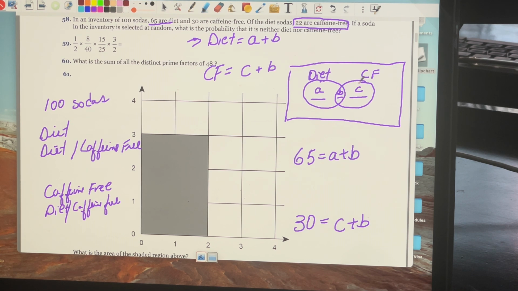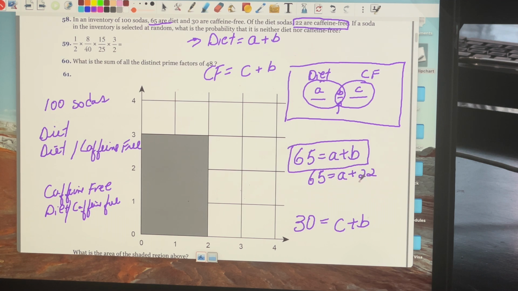Of the diet sodas, 22 are caffeine free. So of the diet sodas, which is this one here, 22 are caffeine free. So they are diet and caffeine free at the same time. So which would be this number here in the middle, right? 22. So if I come back to the equation, I write 65 equals A plus 22. I can find what A is, right?